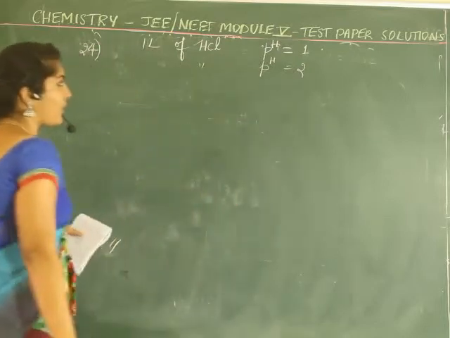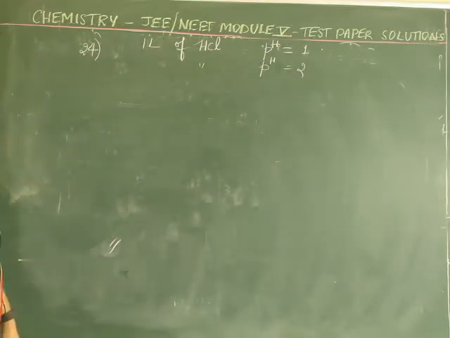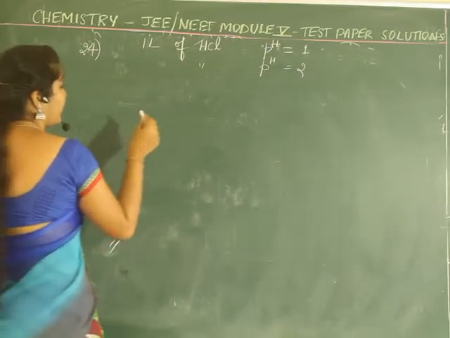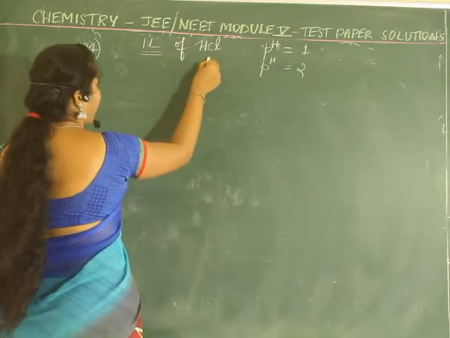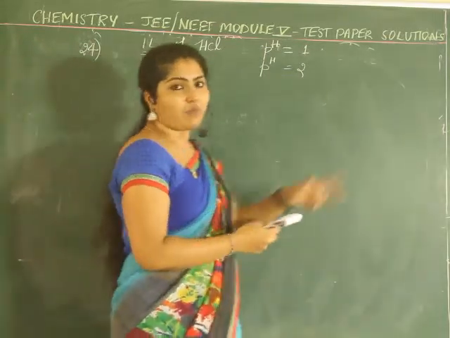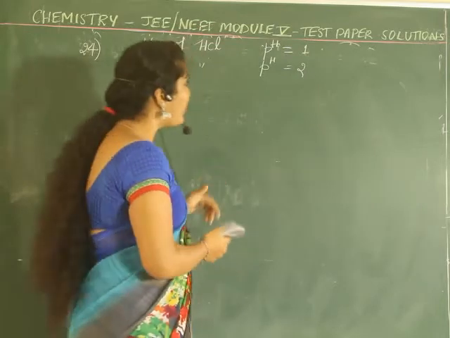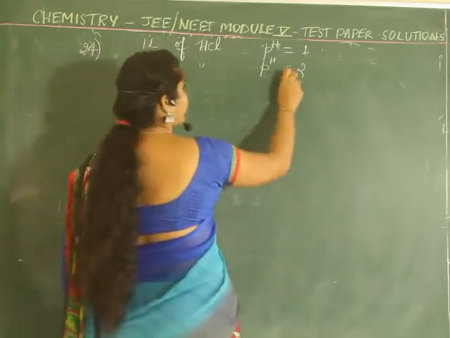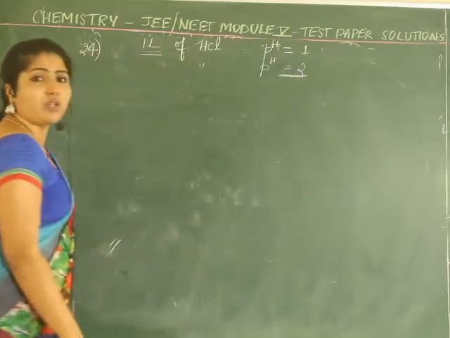So here, they have told us 1 liter of HCl has pH 1. From that, we have to prepare one more solution of pH 2.